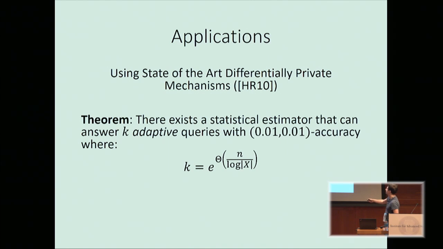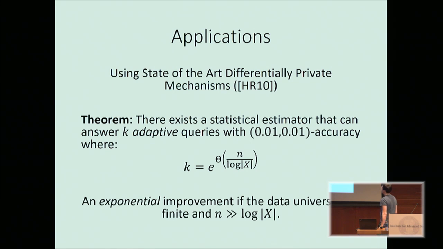Okay, so what this is saying is that if the number of data points you have is substantially larger than the dimension of the data, then the number of queries you can answer, even if they're adaptively chosen, is again exponential, as it was in the non-adaptive case. Okay, so this doesn't tell you much if the number of data points you have is smaller than the dimensionality of your data.